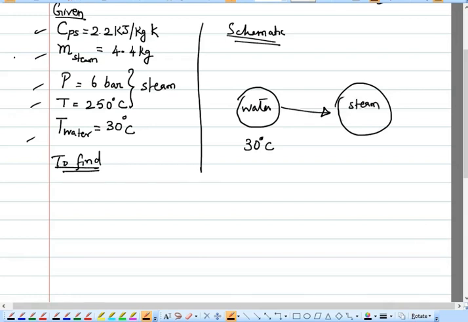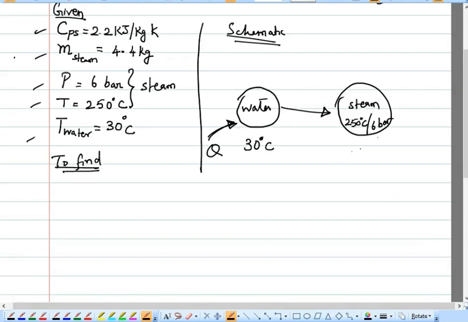The temperature of steam is 250 degrees Celsius and the pressure is 6 bar. So to produce steam from water at 30 degrees Celsius, what I have to do? I have to heat this water. Then only water will be converted into steam. So to convert this water at 30 degrees Celsius to steam at 250 degrees Celsius and 6 bar, what is the amount of heat that I have to supply?